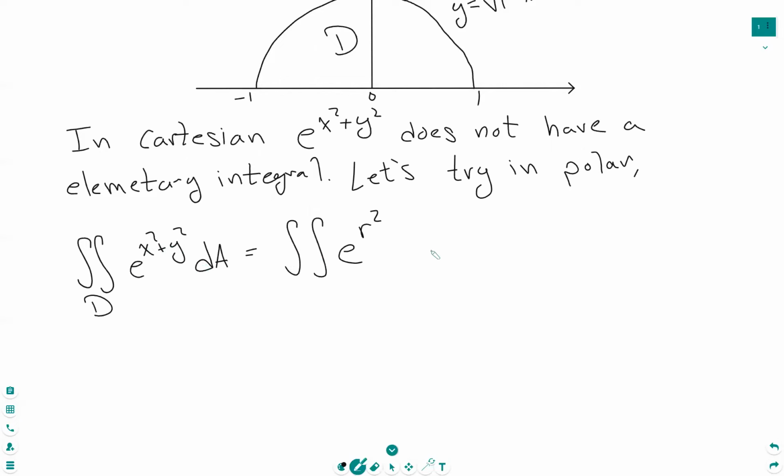I'm going to do dr d theta. This is a polar rectangle, so I don't really have to worry about the order too much. And then here, I have to remember my extra r. So let's look at the bounds now. R goes from 0 to 1. This is a circle with radius 1. And theta goes from 0 to pi. Okay, perfect.